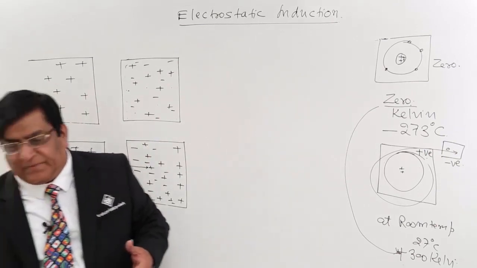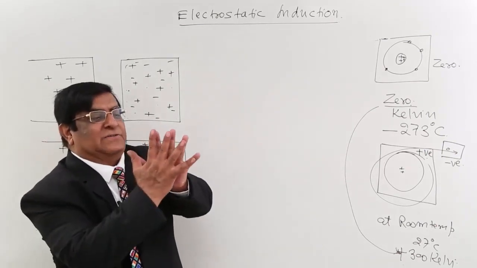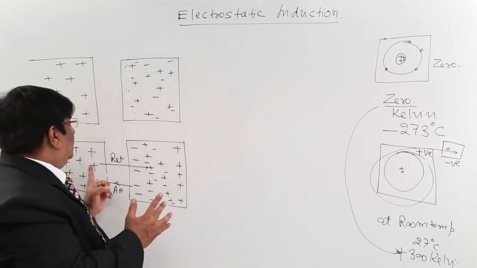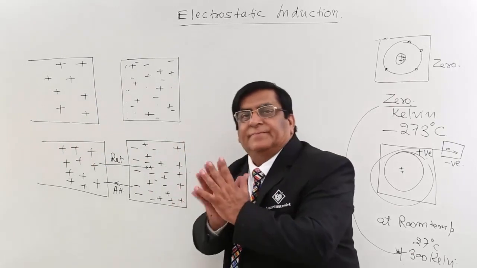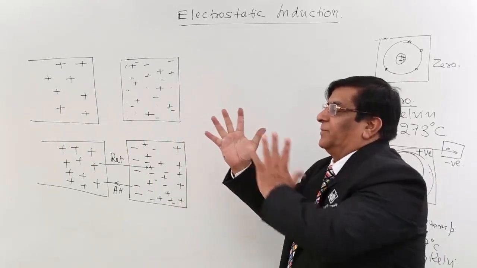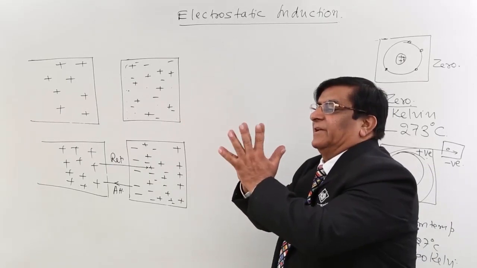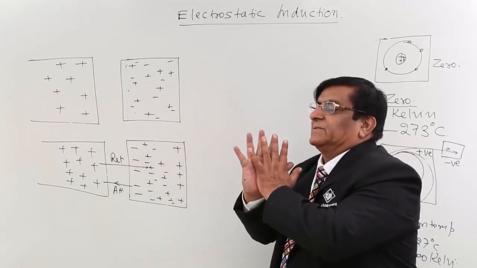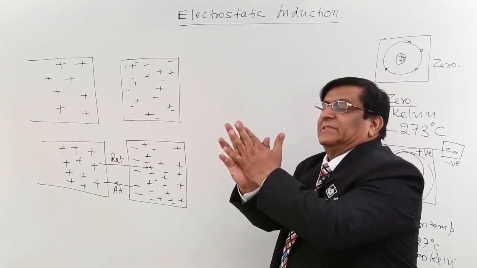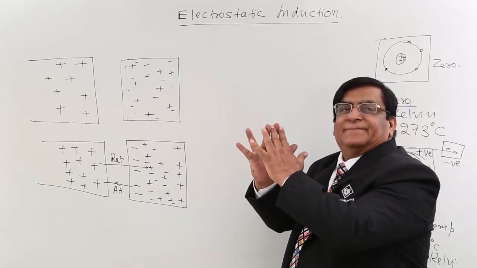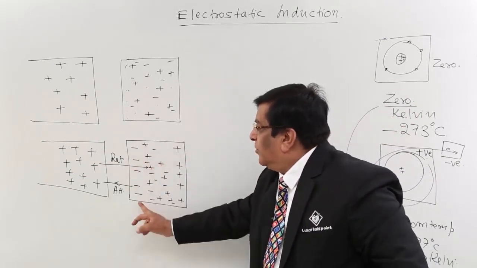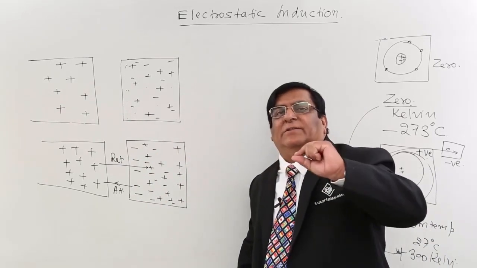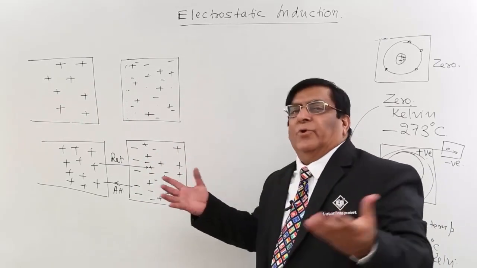Now we can say that these were the charges mixed, positive and negative here, like this. Once we have put this positive here, what has happened? All these plus, minus, which were like this, now the moment we put this positive, become like this. These are negative charges, these are positive charges, the rest are there. So negative go to one corner, positive go to one corner. In general language, what do we call this phenomenon? We call this phenomenon polarization.